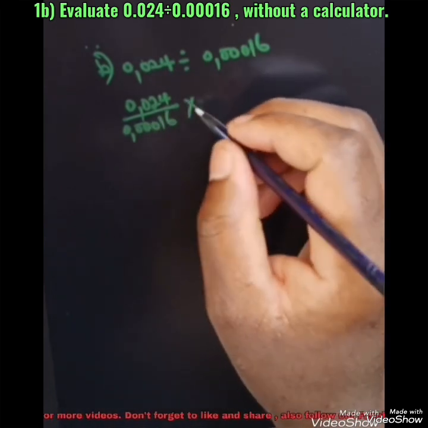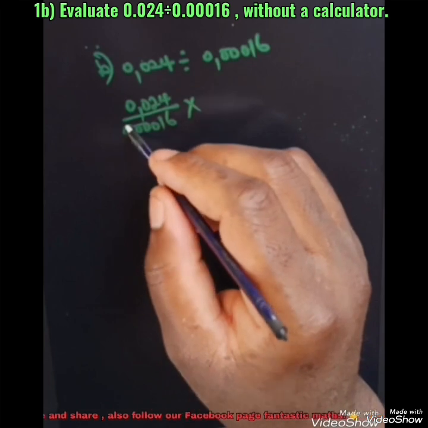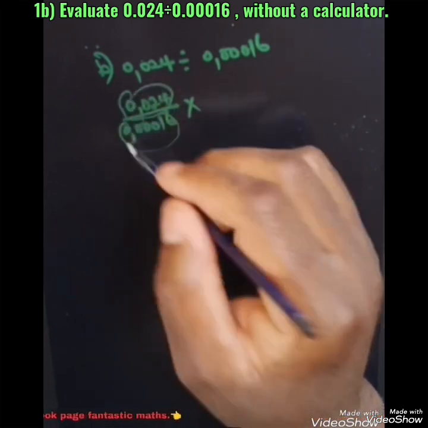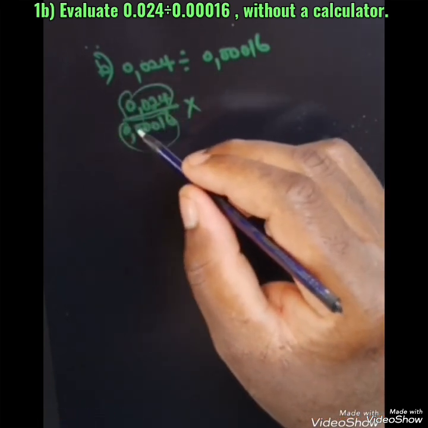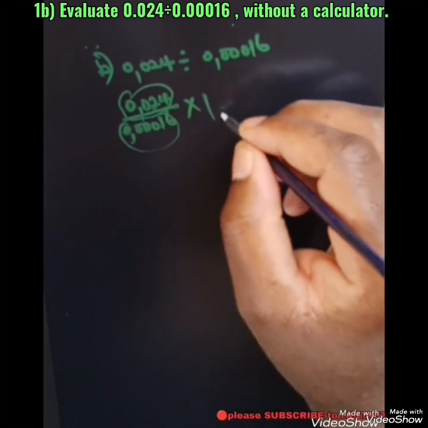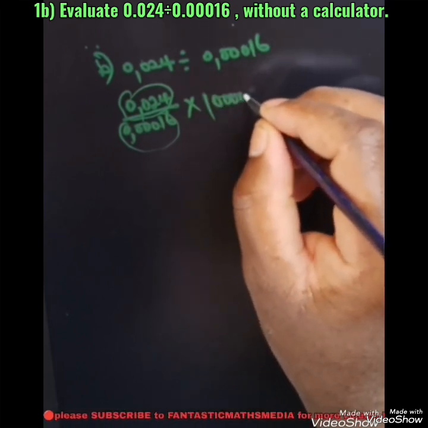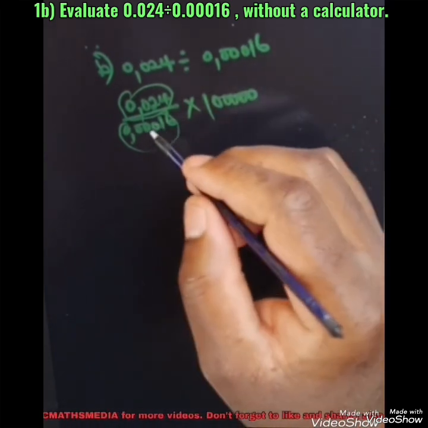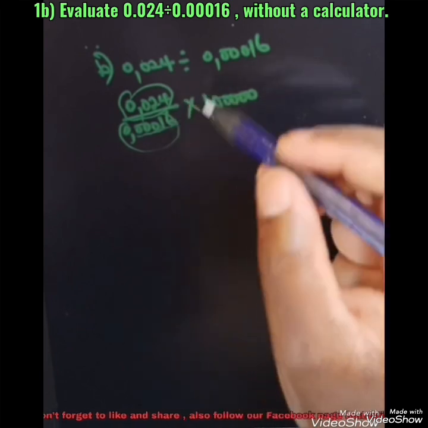We need to undergo the same steps again. We need to multiply by 100,000 so that the decimal point will dissolve, on both the top and the bottom.